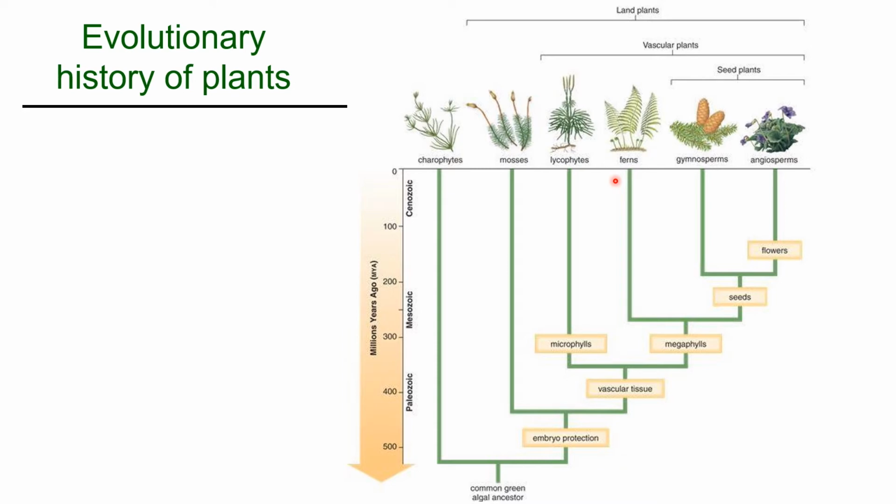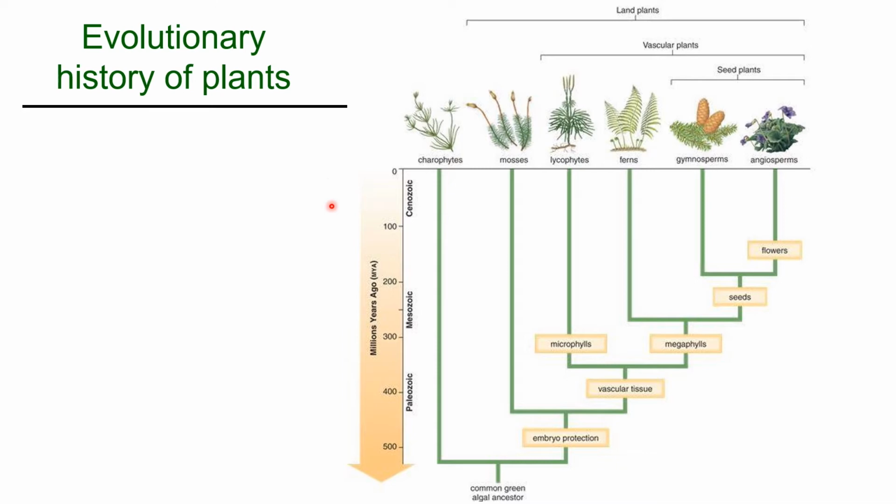We move from the algae on the far left to the mosses, the lycophytes like the club mosses you might see in the forest, the ferns, the gymnosperms, the pines and the spruces, and then the angiosperms, the flowering plants that we've spent a lot of time focusing on in here.